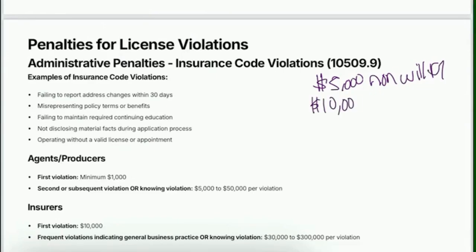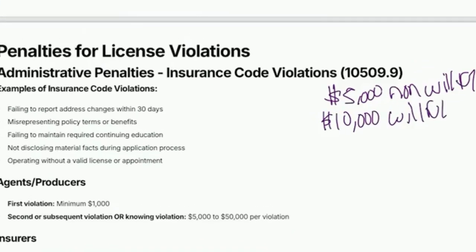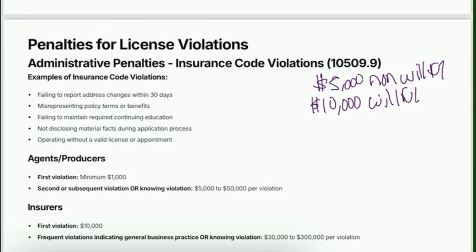They vary a little bit, okay? When we're talking about agents and producers versus insurers, and there are some minimum first violations, things like that, we're going to go over. But the most tested, most common things the exam likes to ask is this, but you need to be careful on how the question is being asked.